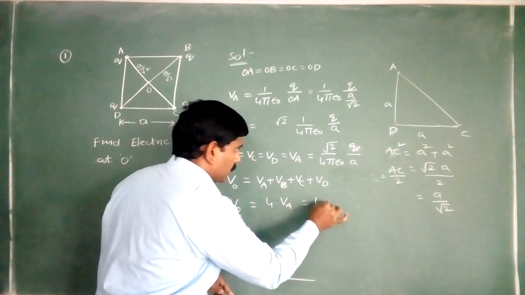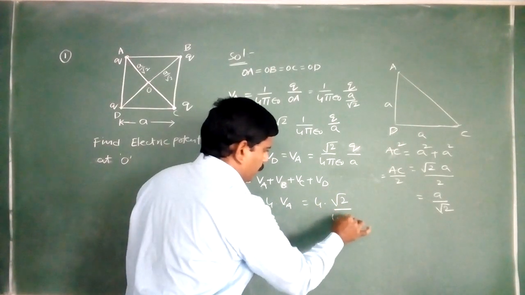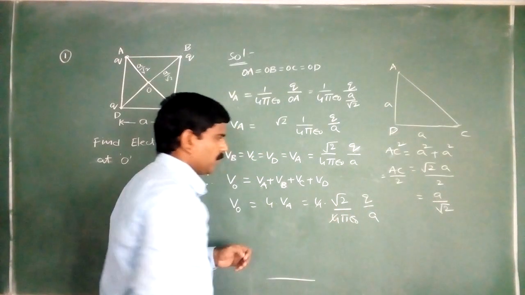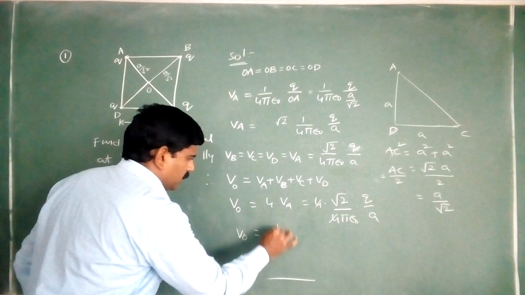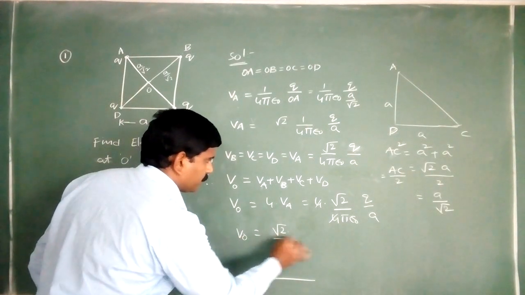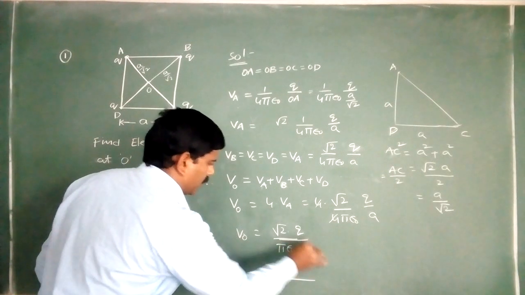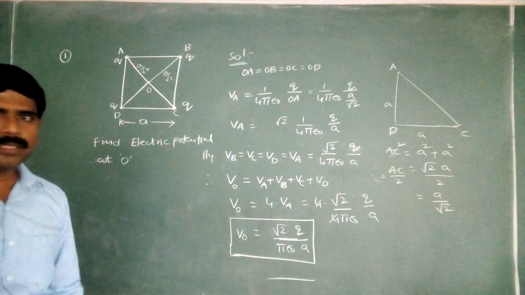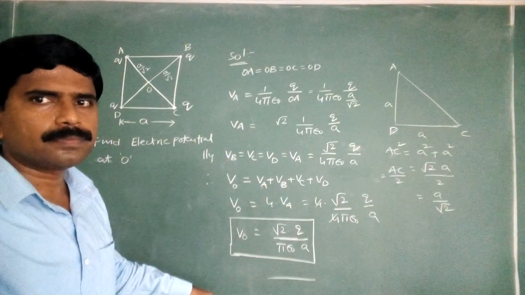So that is 4 into root 2 by 4 pi epsilon naught into q by a. The 4 cancels. Therefore V naught is equal to root 2 into q by pi epsilon naught a. This is the net potential at point O.